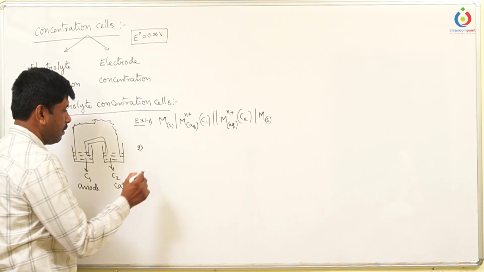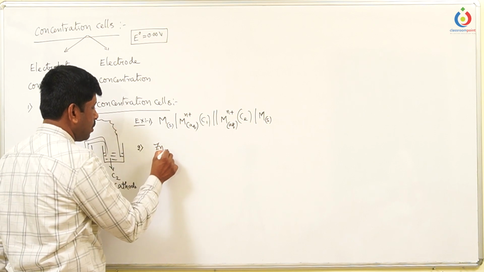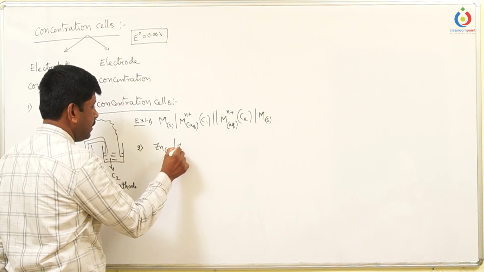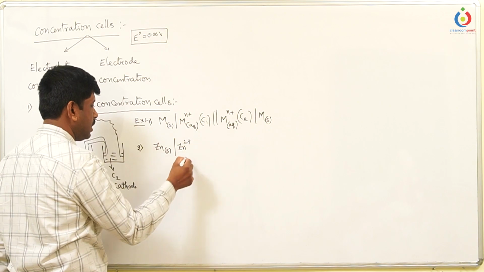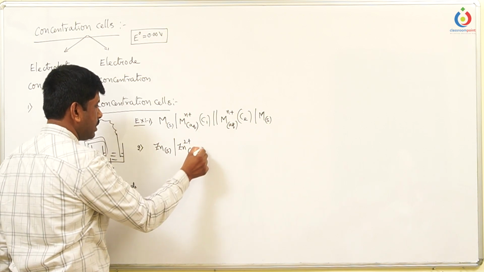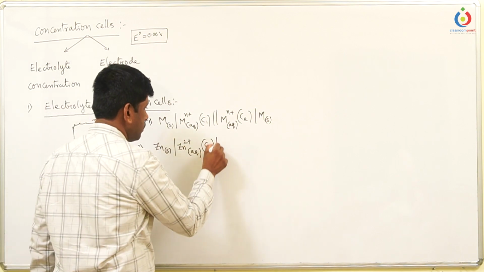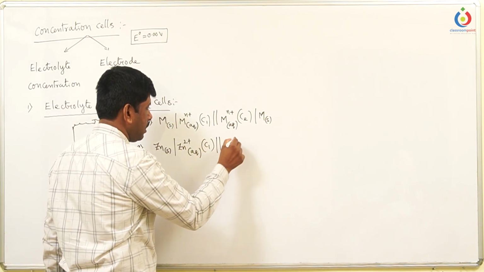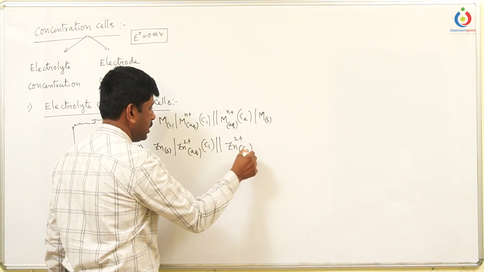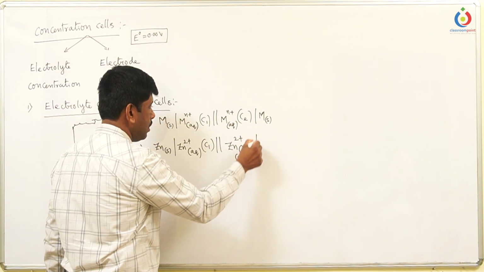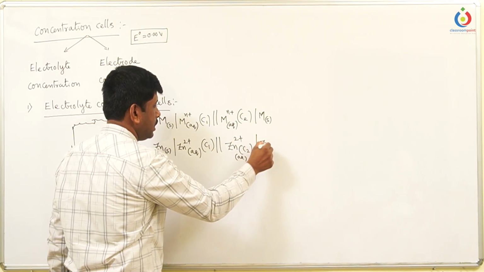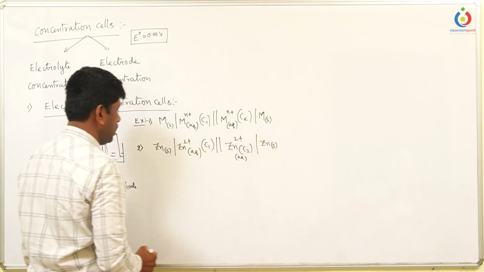So I am going to take the zinc rod dipped in the zinc ionic solution in aqueous state, the concentration of this electrolyte is C1 and the other electrolyte is C2, in aqueous form. Now the zinc rod in the solid state.